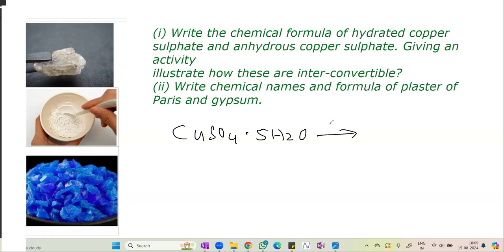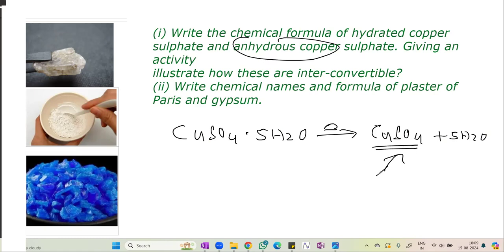But when it is heated, it loses its water of crystallization. That means it will turn into CuSO4, and after losing 5 water molecules, it will turn white. This is anhydrous copper sulfate.